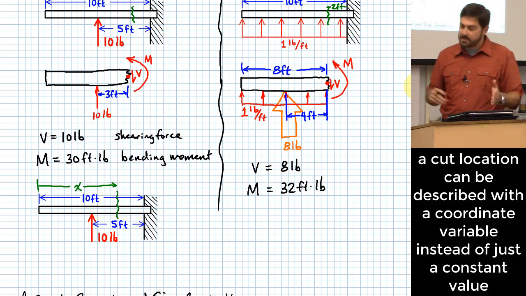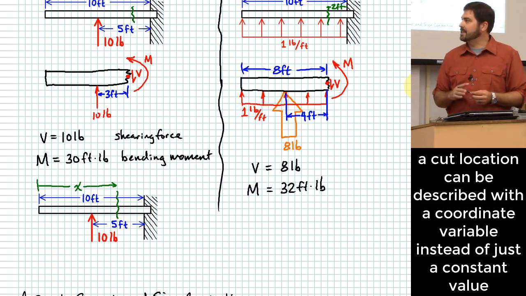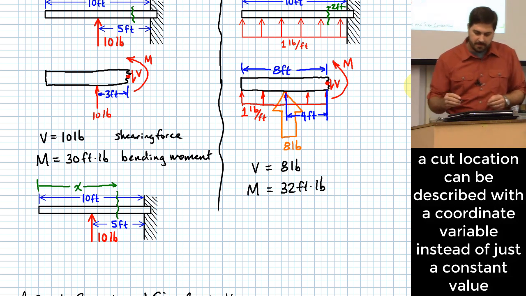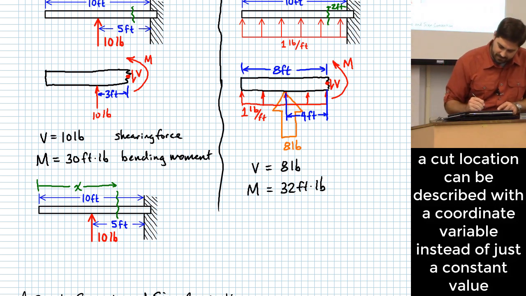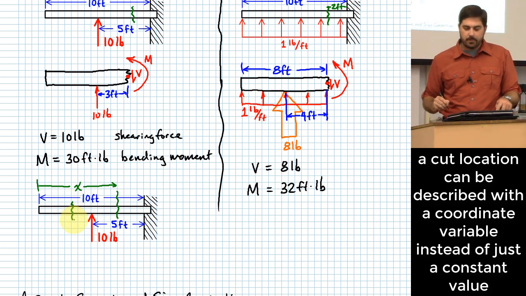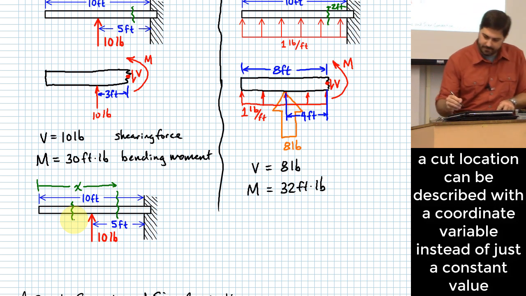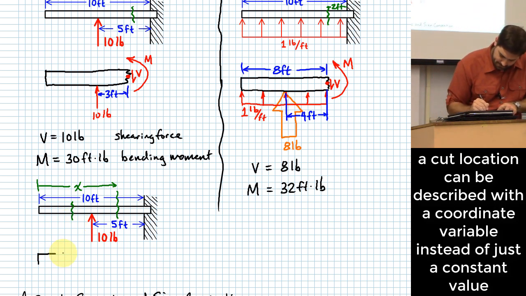What if x, in this case that I'm showing you here, is less than 5 feet? What is V going to be? In other words, if it's less than 5 feet, that's a cut somewhere over here. What's V going to be? Okay. Here's what the free body diagram would look like.